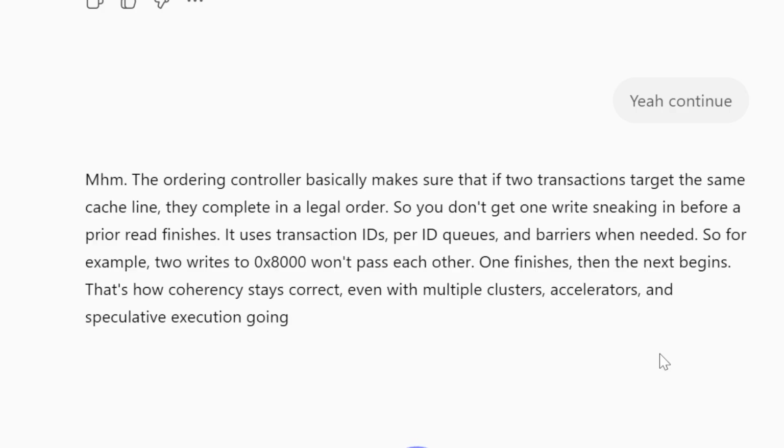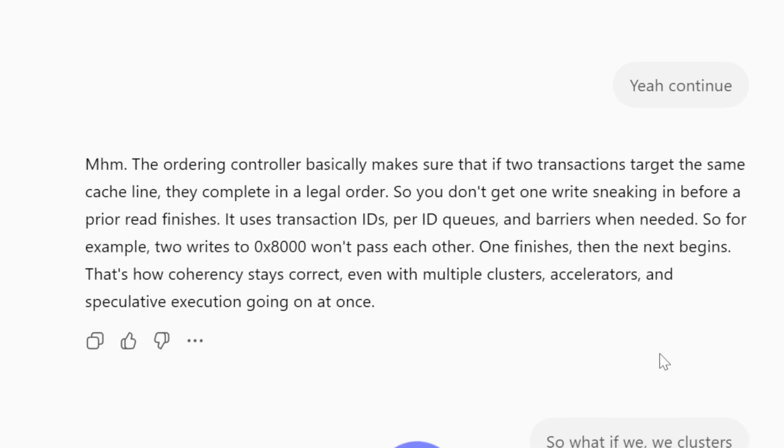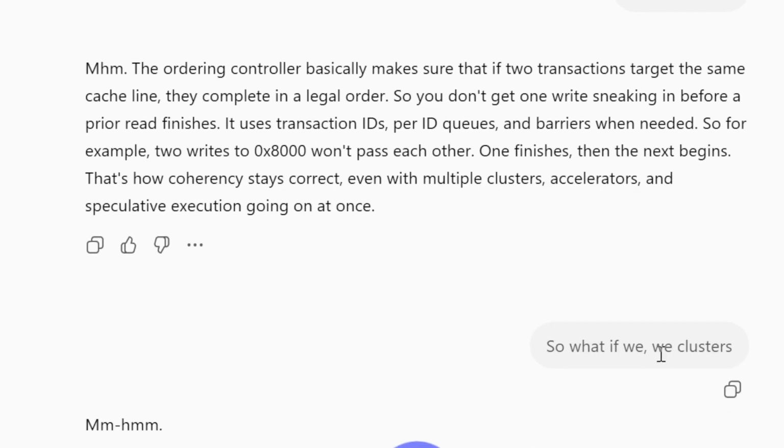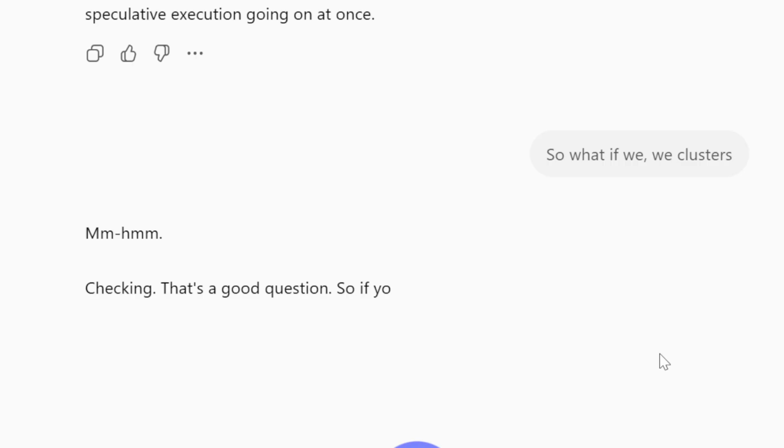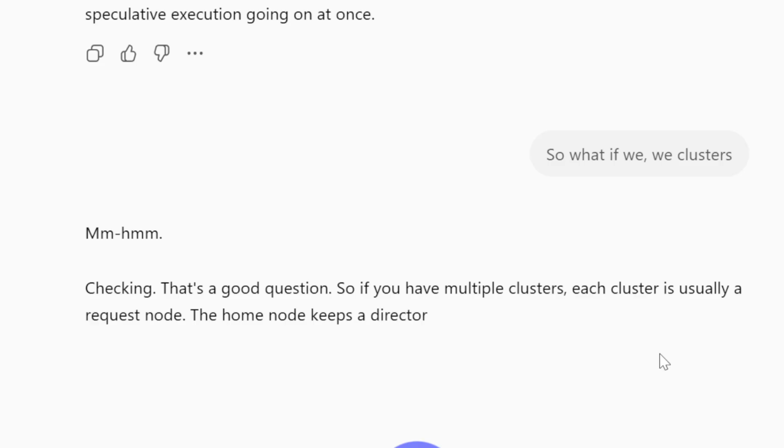So what do you mean by clusters? That's a good question. So if you have multiple clusters, each cluster is usually a request node. The home node keeps a directory per address showing which request nodes have a copy of a cache line.